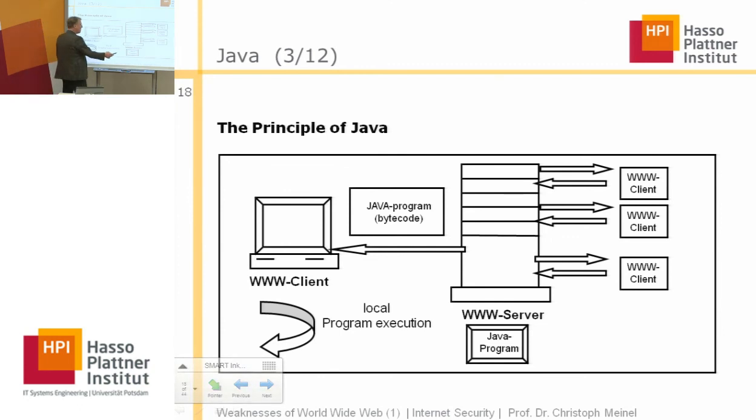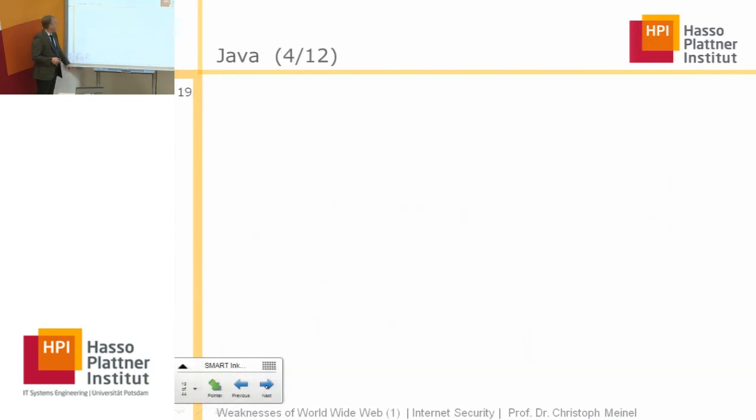There is a web server, and the web server offers a Java program, and the clients that interact with the web server receive the Java program in the form of bytecode, and then the bytecode is executed on the client side inside the browser.